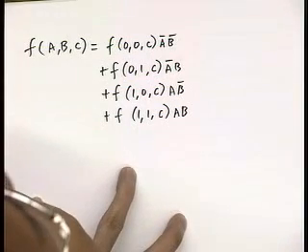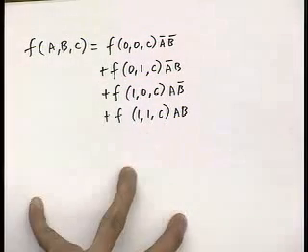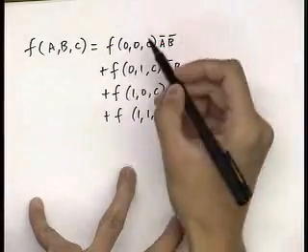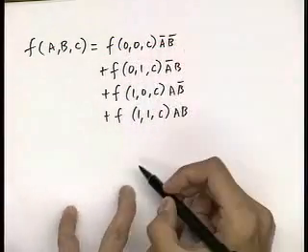Okay, so any logic function I can expand in terms of one variable. And this is basically what goes into your multiplexer, right?